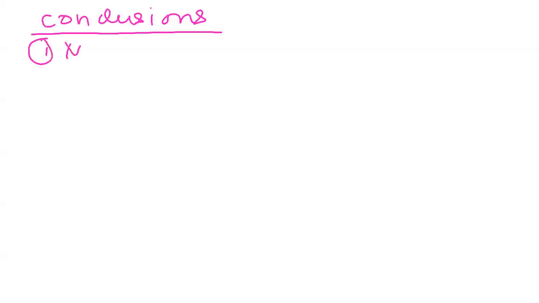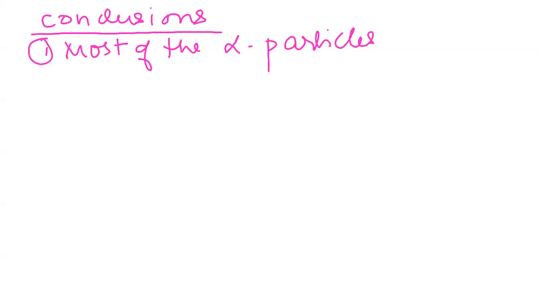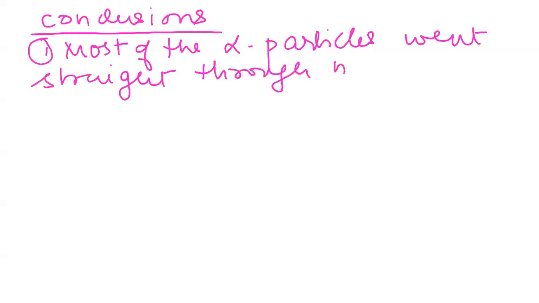See, the deflection was taking place because... let's study the conclusions. What the conclusion is saying is that most of the alpha particles went straight through the metal foil undeflected.